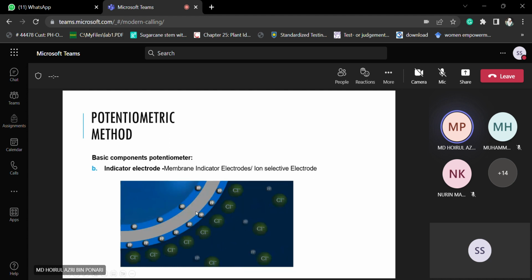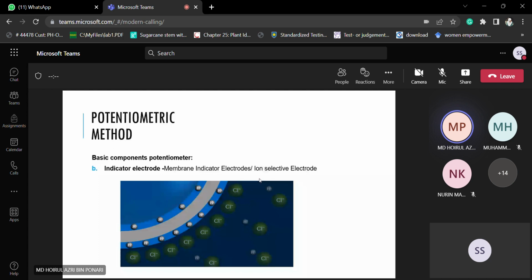So what happens? Ingat tadi dekat junction potentials kita ada dua solutions with different concentrations. Apa yang berlaku? The high concentration ions ni dia akan pergi ke dua-dua tempat, ke both solutions. Tapi dia punya dynamics, dia punya laluan tu high concentration lebih kepada lower concentration.